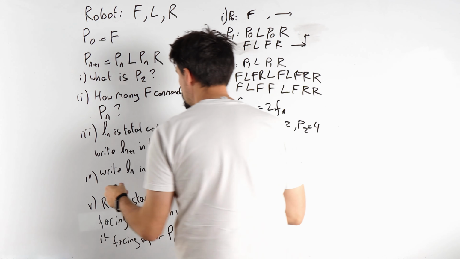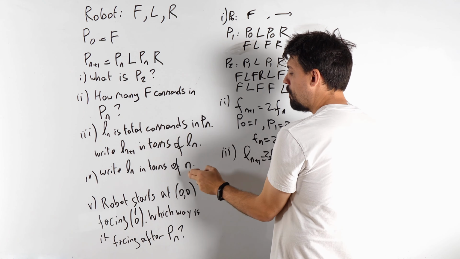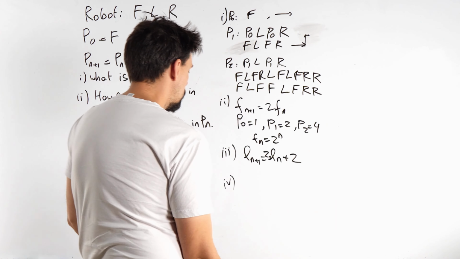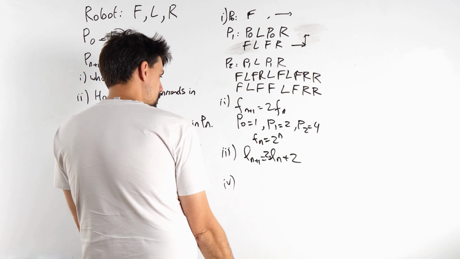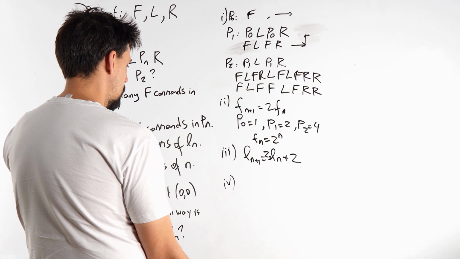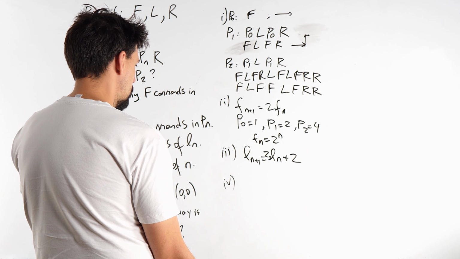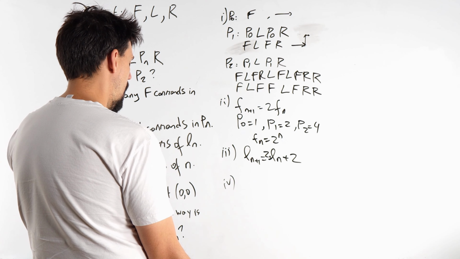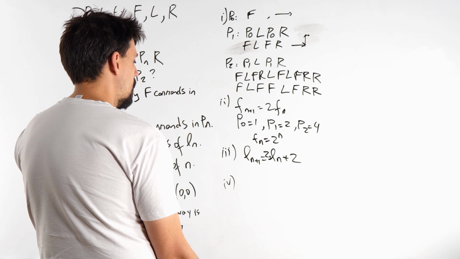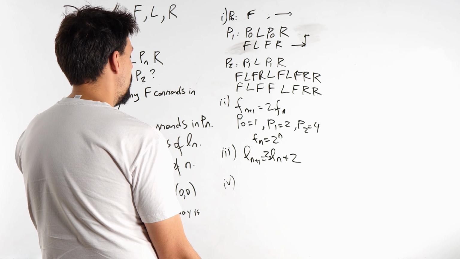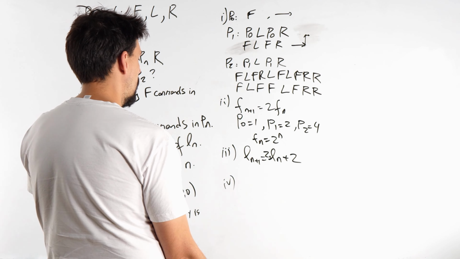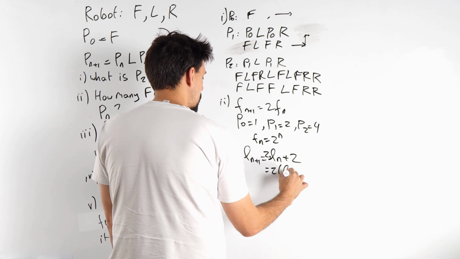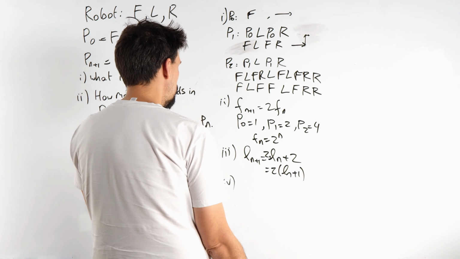Now, can we use that to come up with a formula for ln in terms of n? I know a way to do it, but let's have a little think here. That is 2 times ln plus 1.